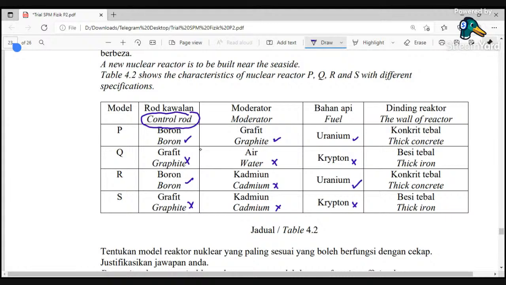Wall of reactor must be very thick, concrete, very strong. Okay. So you can see from here the thickest goes to model P. So I will explain the characteristics for model P.